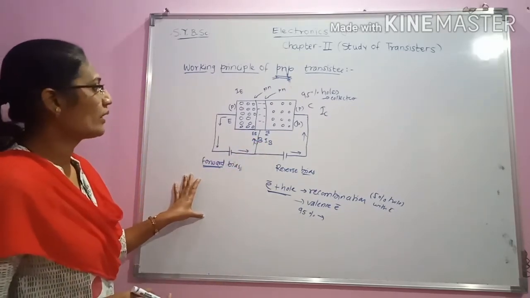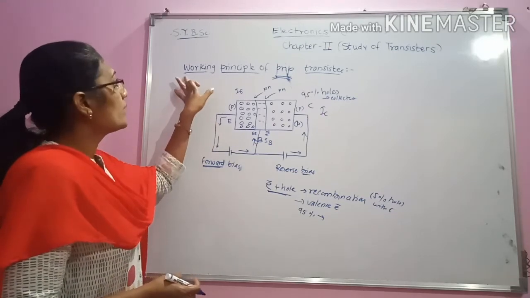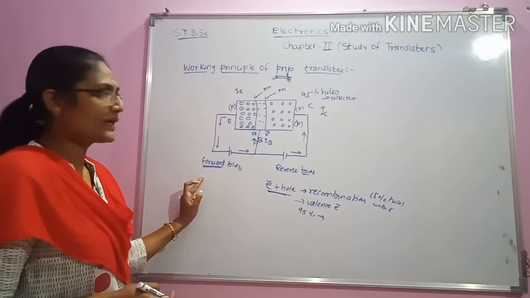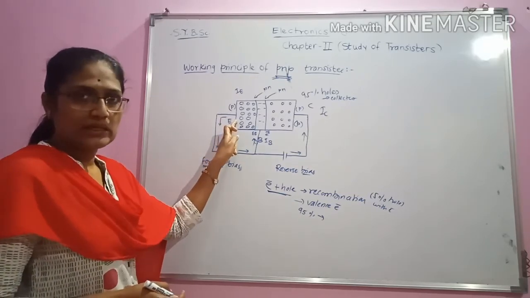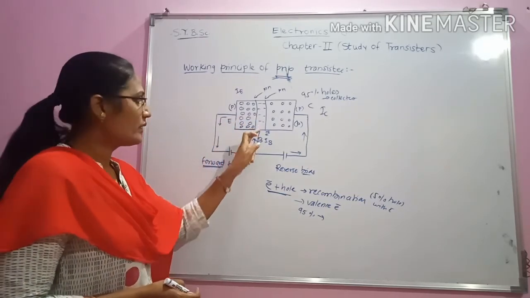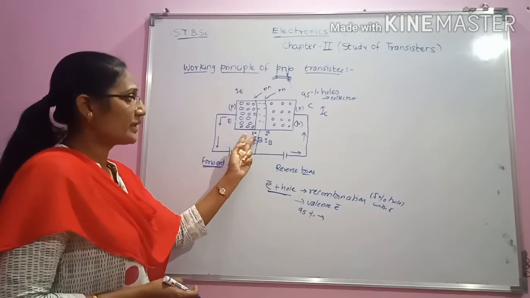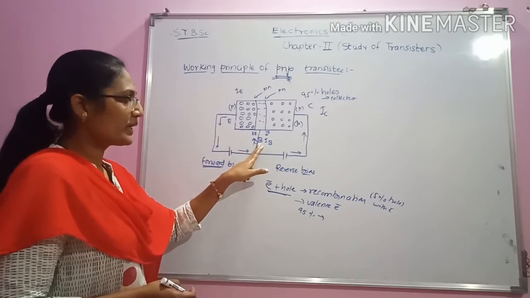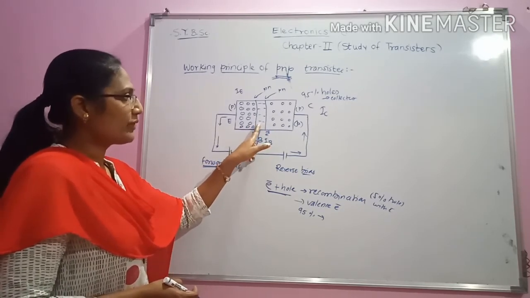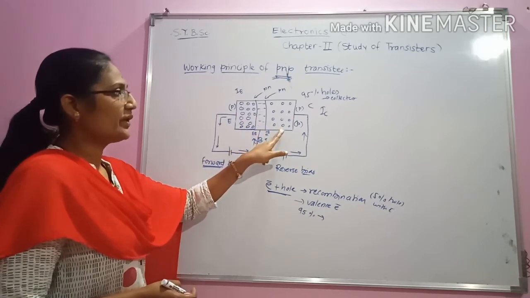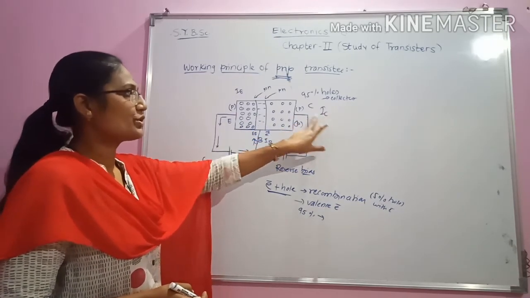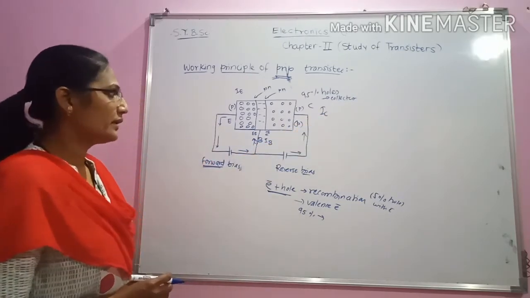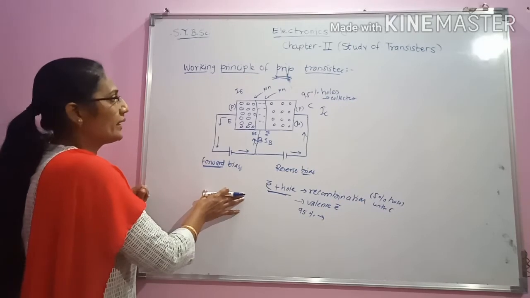Thus, in the case of the PNP transistor, when we apply the forward bias, holes migrate. They cross the barrier of the emitter base junction and reach the base. There is generation of base current. Now 95% of holes successfully reach the collector section and generate a current called the collector current.